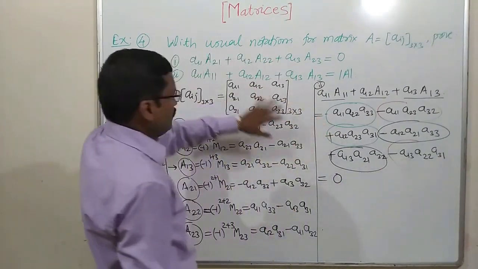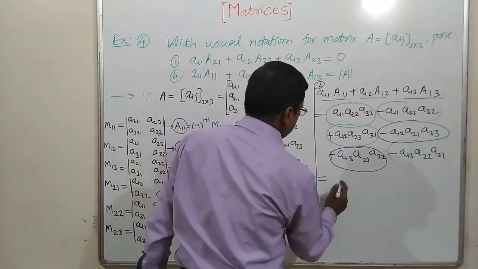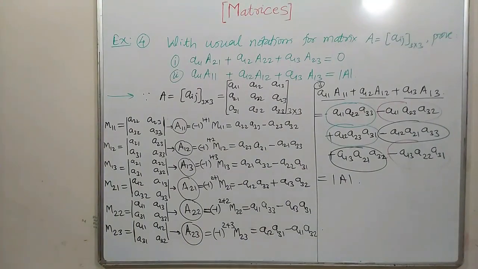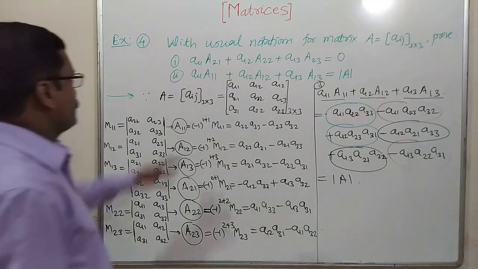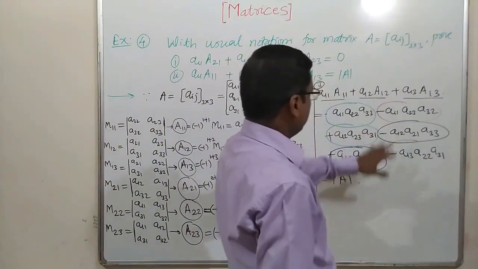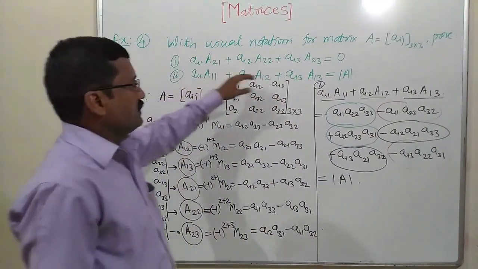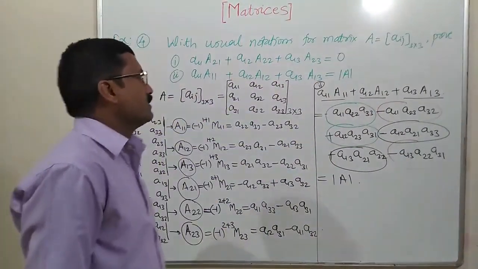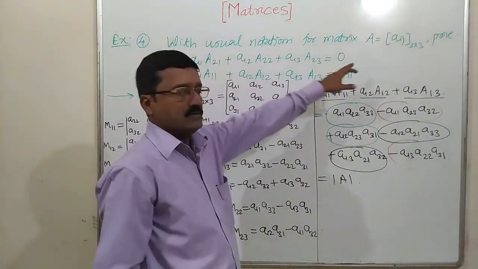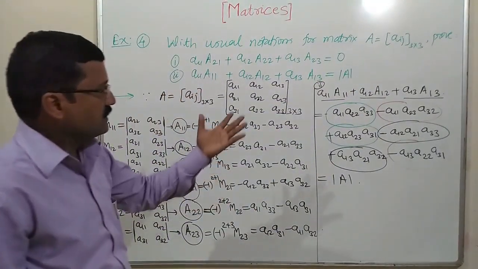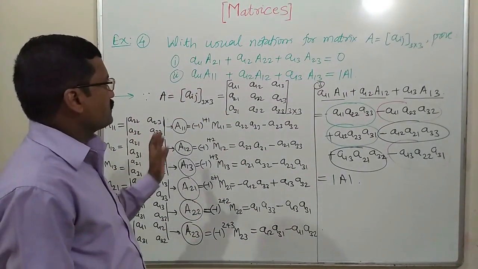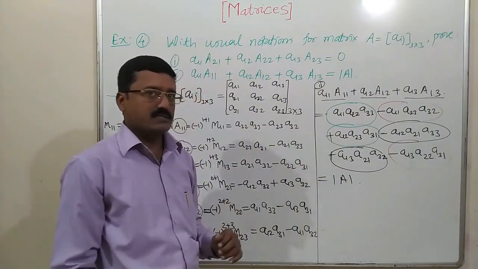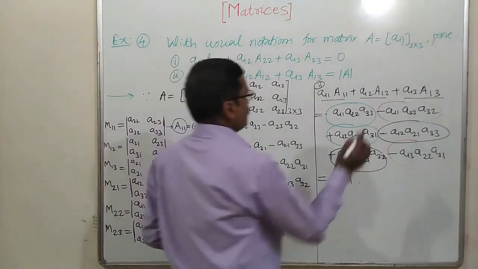So this is nothing but the value of the determinant. So this is the determinant of A. So in this way, the second result leads to the determinant of A. In this way, the remaining two are given, then we get the same answer, and there are again remaining two results, which give the remaining 5 results, which lead to 0, because there are 6 zeros and 3 determinant of A in the multiplication of matrix A and its adjoint of A. So remember that matrix A into adjoint of A, that is the important one.